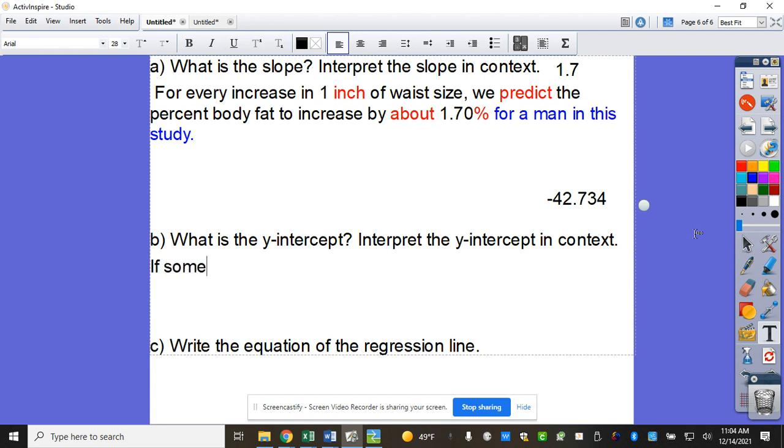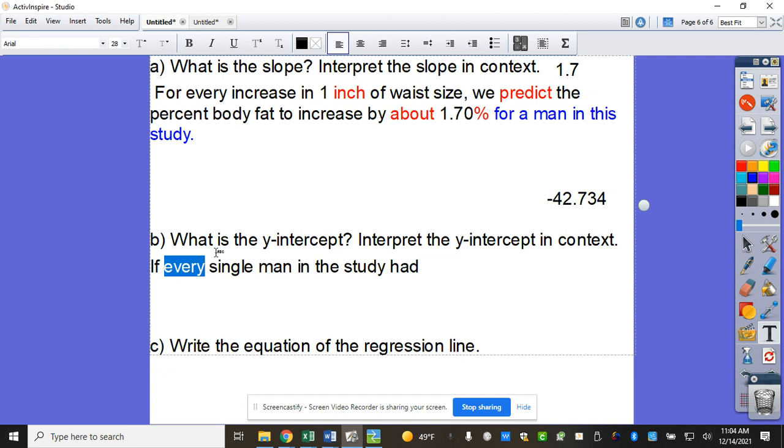So this part, people were just really going off the wall, saying something like, is that the way I'm supposed to interpret this? I got a lot of that on the quiz, and I don't remember if I counted off for that part or not. It is not every single man.